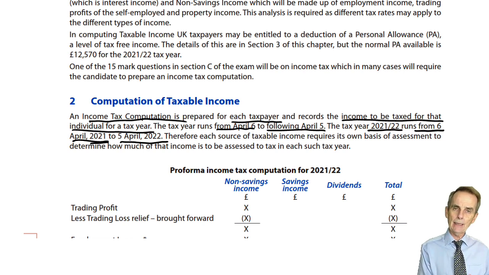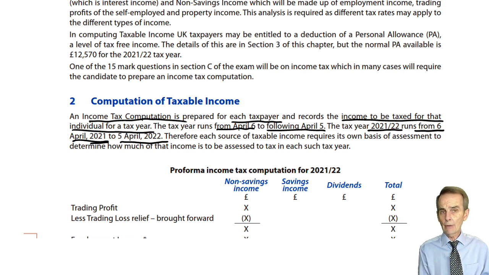How do we relate each of those types of taxable income, here at our first one, employment income, how do we relate that source of income to the tax year in which it will be charged to tax?